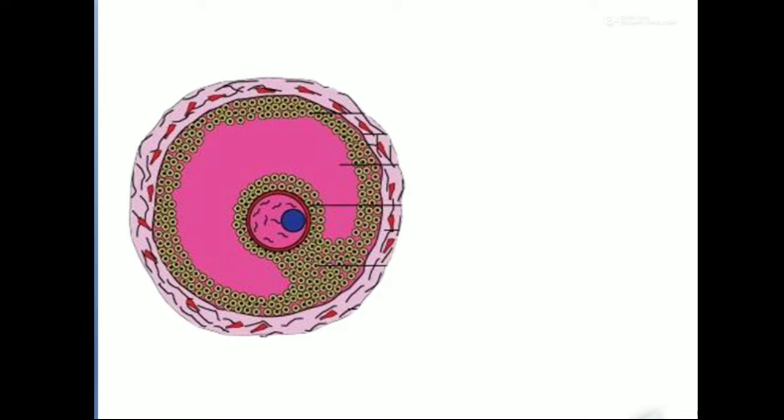The oocyte present here is known as the secondary oocyte. The secondary oocyte is one stage before the egg formation.